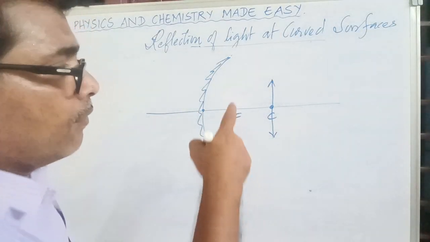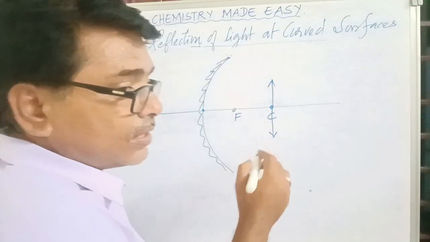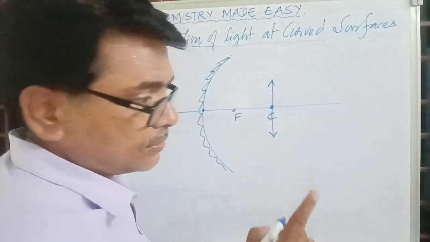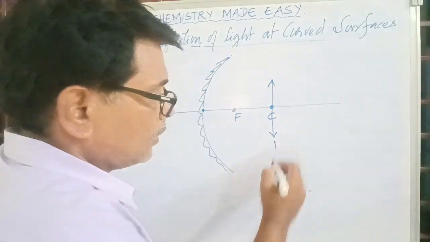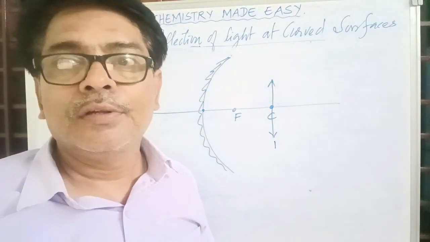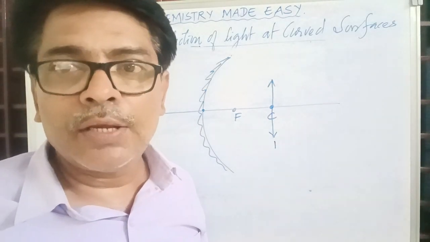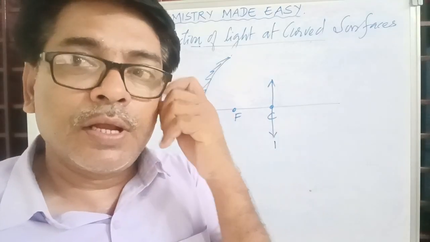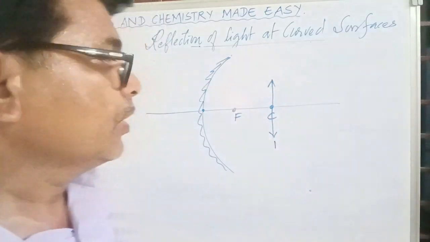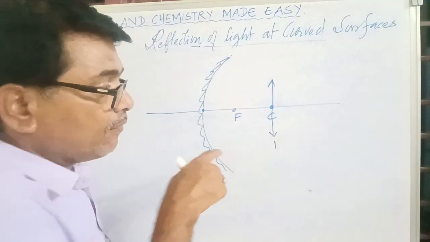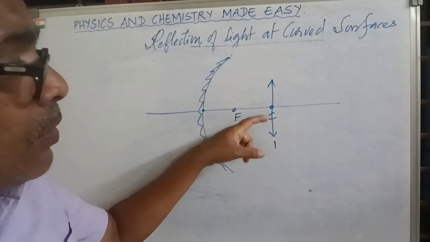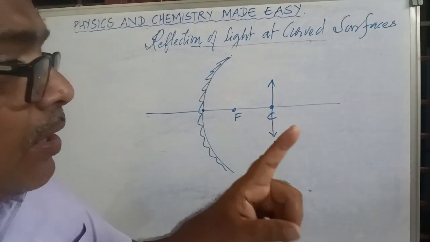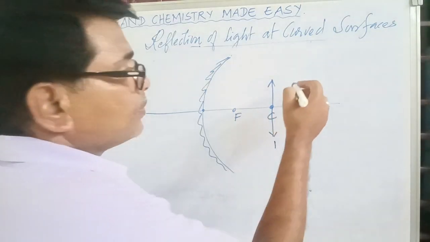When the size is the same, a representation is given for the same size, and that is 1. We call it magnification. I will go to that topic, and when I reach it, I will explain. So when the object is on C only, you will get the image on C, and the characteristic will be the same size.